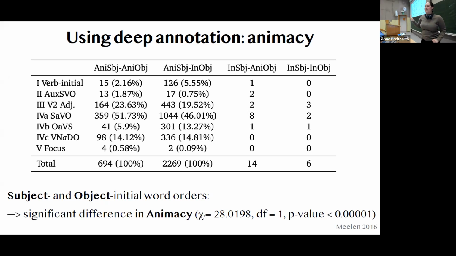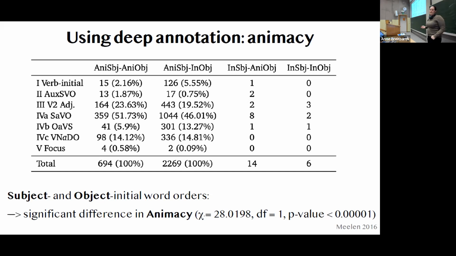As soon as you go into the inanimate realm, there's a lot less to work with, especially if both the subject and the object are inanimate. Now, of course, this is problematic, and it's a result of the corpus being so small, but it means that we can't really use these results a lot to test if things are significant, but we can still see something.